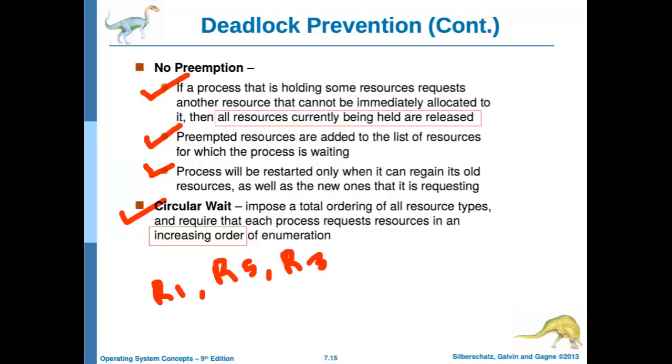No preemption: here we are actually preempting the resources. If some resource is with me and I'm asking for some other resource, and that other resource is not available, I'll release whatever resources are held by me. That is how the no preemption condition will be broken. And the circular wait condition can be broken by total ordering of all the resource types and requesting the resources in that order only, so increasing order of enumeration.